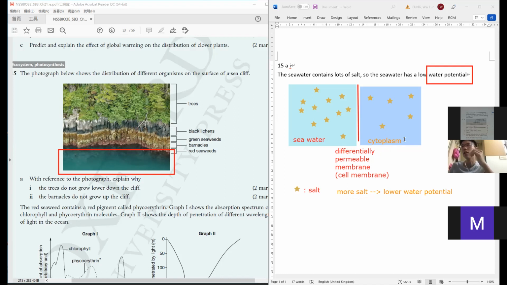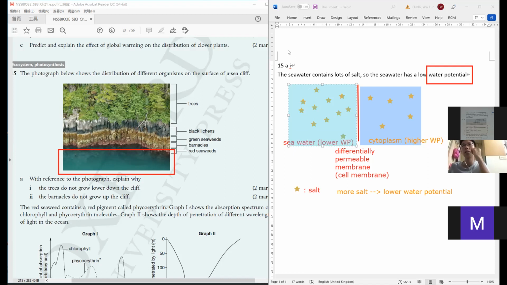So cytoplasm has a higher water potential, and seawater has a lower water potential.